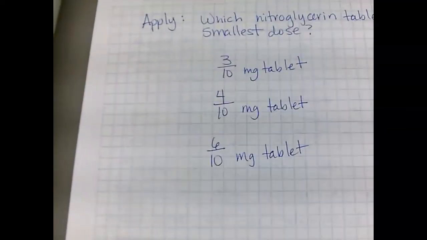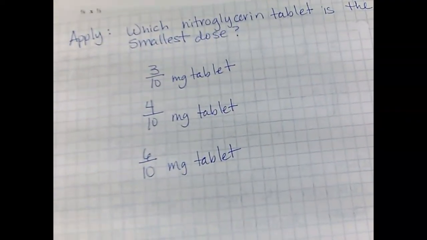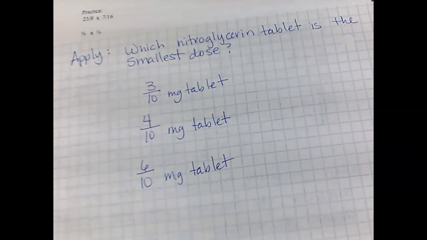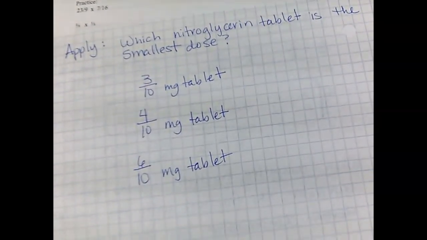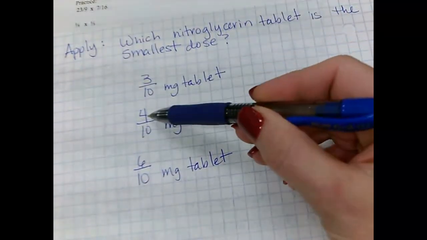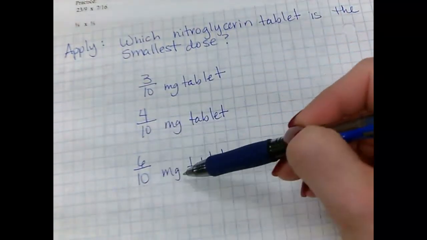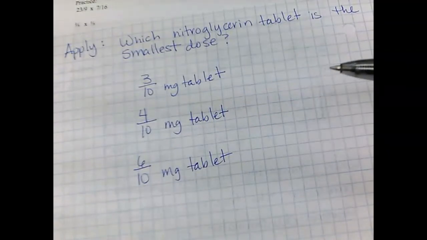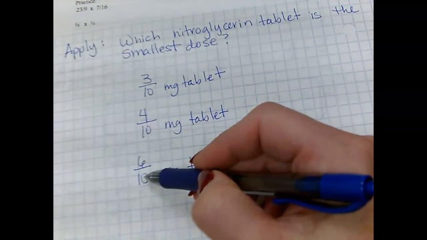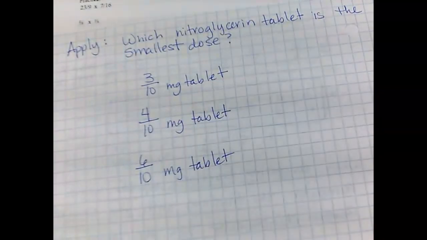So you're like, why do I need to know this? What's the purpose? So let's take a look at a medication, nitroglycerin tablet, and these are some dosing of nitroglycerin: 3/10 milligrams per tablet, 4/10 milligrams per tablet, and 6/10 milligrams per tablet. So my question is, which one of these is the smallest? Well, they all have the same denominator. So what was the rule again?